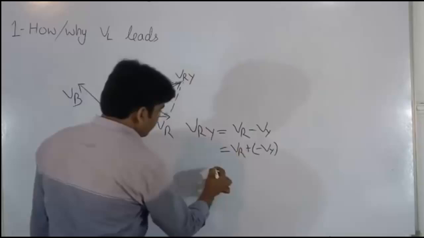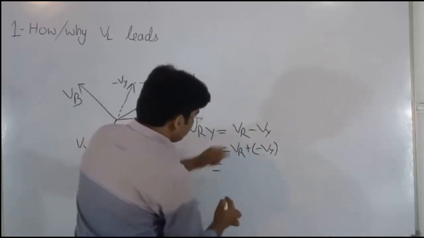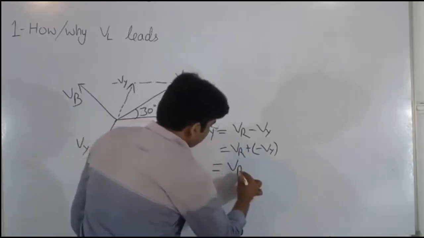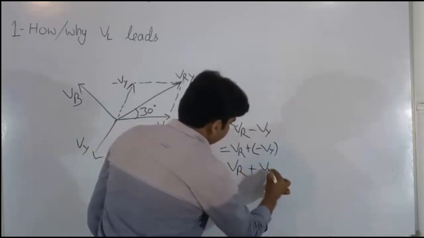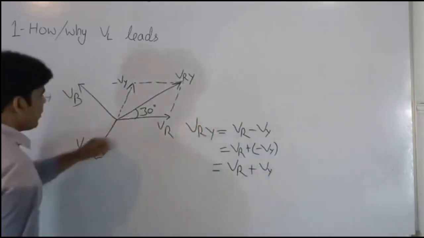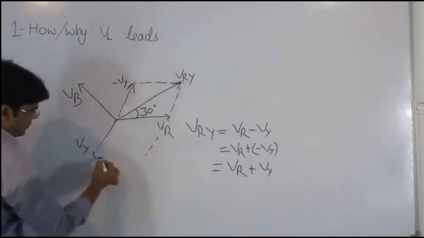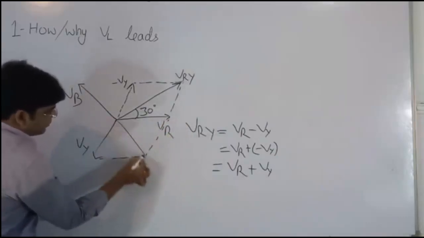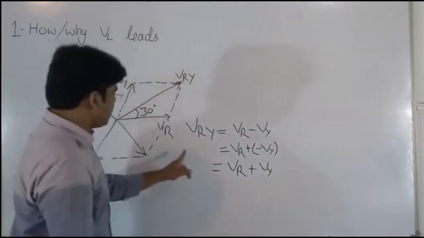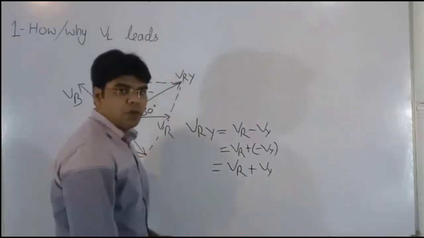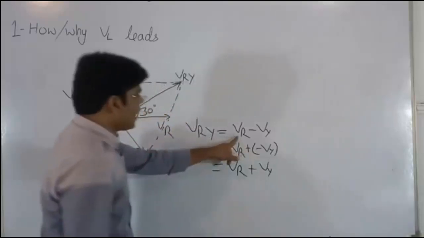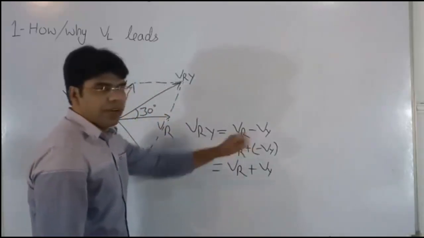If we had taken VR plus VY, then VRY would have been this much. But it is not so. Why are we taking VR minus VY?